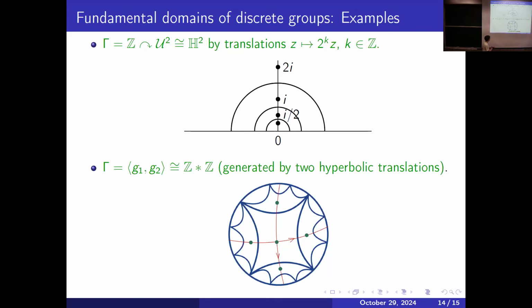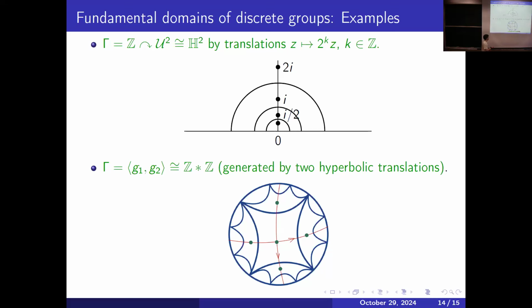We tiled the plane by translations, and this is obviously the fundamental domain. The green circles show the orbit of some point. I can take the center of my ideal foregon, and then it gives me this green orbit.